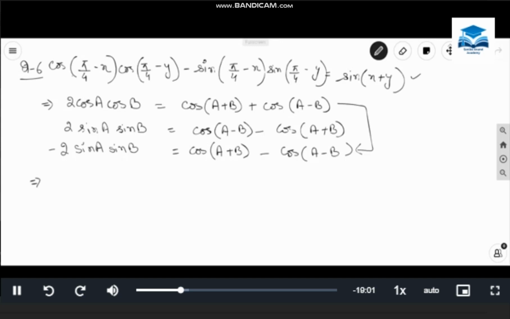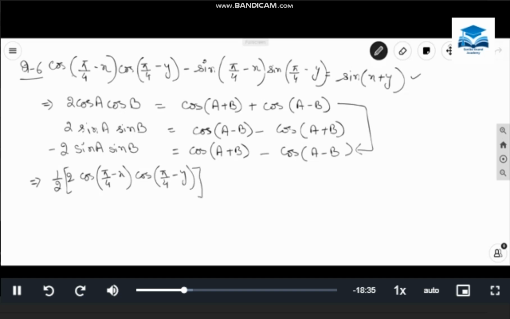Now cos A cos B, sin A sin B, but 2 is not over here. So we multiply and divide by 2. 1 by 2 and 2. So 2 and 2 get cancelled. So it becomes cos pi by 4 minus x into cos pi by 4 minus y.